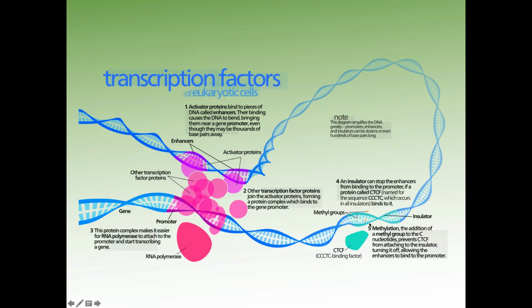And notice that there are some little methyl groups here that are blocking CTCF from binding to this region, right? And changing the conformation of this DNA and thus changing the ability of this enhancer and this promoter to come together and this gene to be expressed. So this is your classic example of the different components that can be involved in transcription. And a couple things to note here.